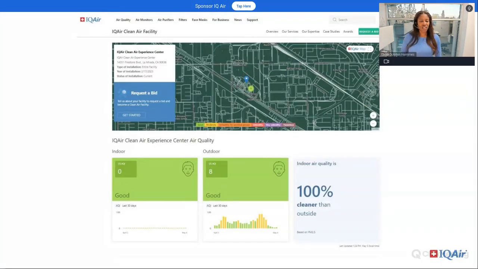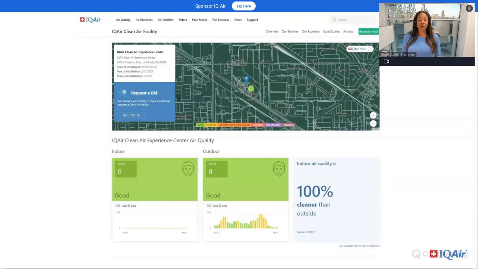Great. Now, this is a screenshot of our actual clean air facility experience within La Mirada. Here, we don't have very poor air quality, so we are at 100% in terms of being able to have that high level of cleanliness. So we always compare the outdoor air to the indoor air, and what our clean air facilities are able to accomplish time and time again is over 90% cleaner air in comparison to the outside.